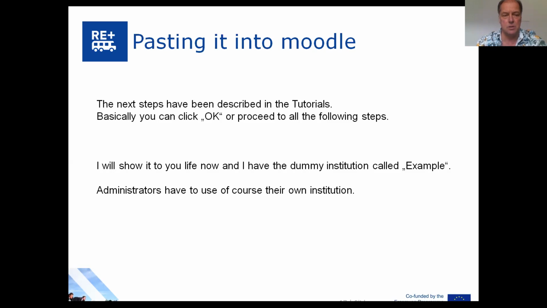On the dashboard, I find not only my institution courses, but also the courses of the whole REBUS project. I see them on site home, and they are organized in categories: REBUS trainers, REBUS students, our institutions, and among them also my example institution.